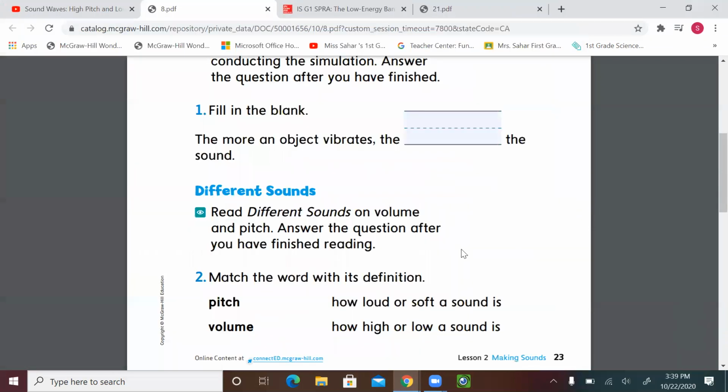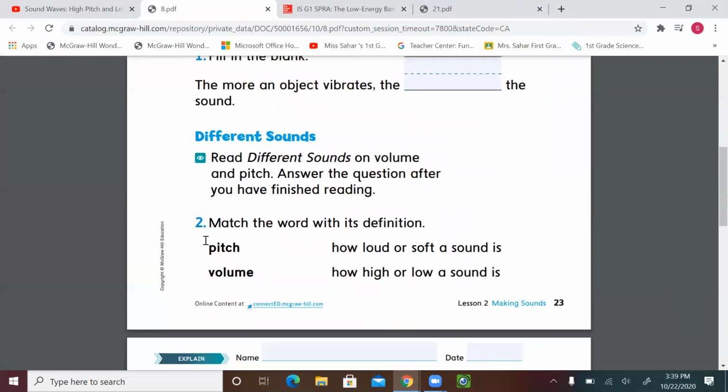So let's go to number 2, match the word with the definition. So I think you get it now. Pitch is how high or low a sound is. Volume, how loud or soft a sound is. Right?